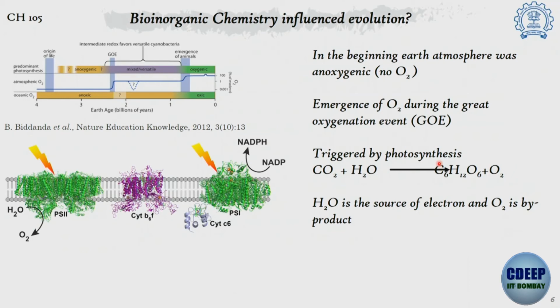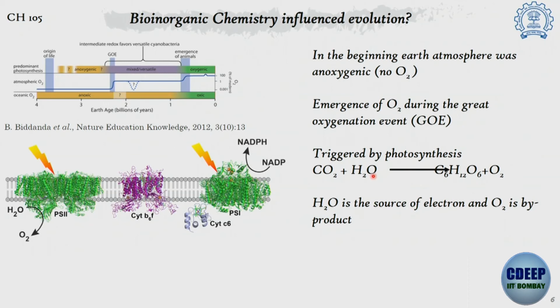In the beginning, as our Earth had an anoxygenic or reducing atmosphere, there were a lot of elements or compounds that could supply the electrons. Most of them are sulfide based. But after photosynthesis was happening at a very high rate, all the sulfides were gone. Then the biology looked for another source of electrons, and found plenty of it in the form of water.